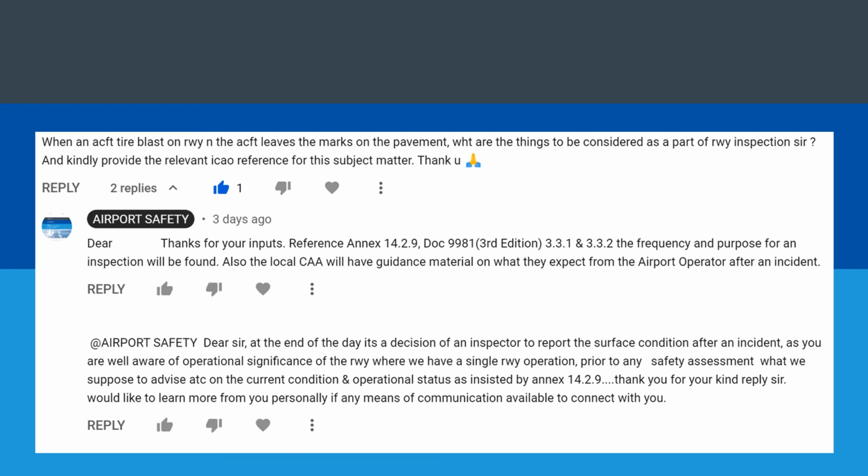There are no sharp objects that could cause damage to other aircraft undercarriages. The runway is clear and good to use. Also, your local CAA will have guidance material on what they expect from the airport operator after an incident, and you must put all this together in order to be able to do your work efficiently.